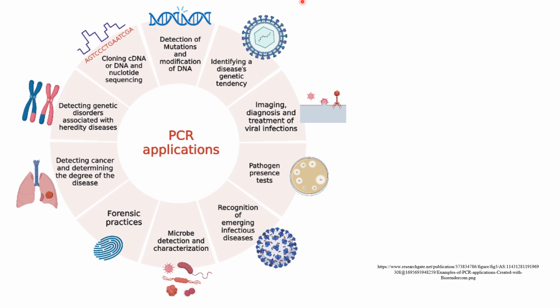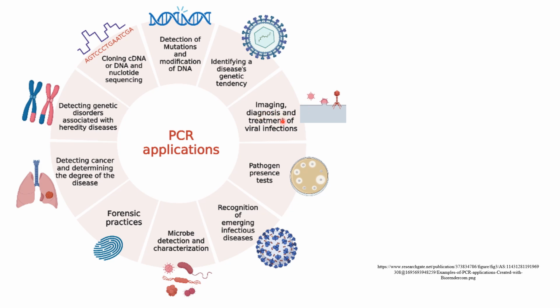So that is it for our lecture on PCR, and you can see PCR has multiple applications, from detection of genetic disorders such as sickle cell, to cloning of complementary DNA or nucleotide sequencing, to detection of mutations and modifications in DNA, identifying a disease genetic tendency, imaging and diagnosis, and even treatment of viral infection.